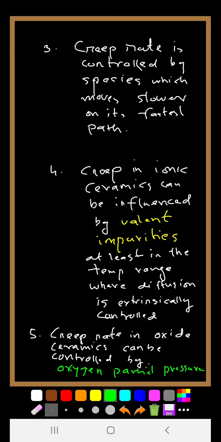Now, this dependence arises mainly because creep is diffusionally controlled and the slower diffusing oxygen species move through the lattice.